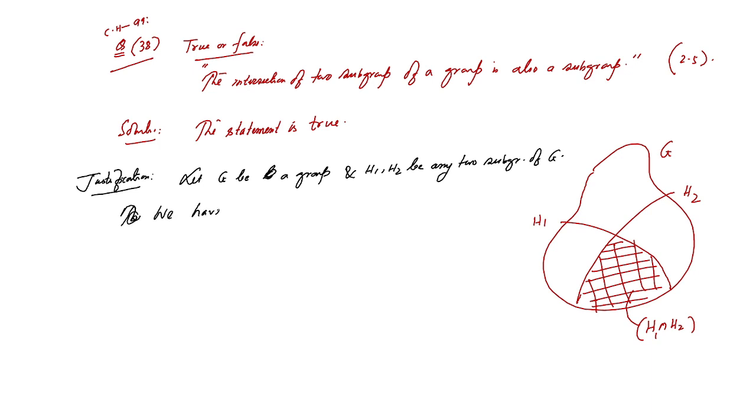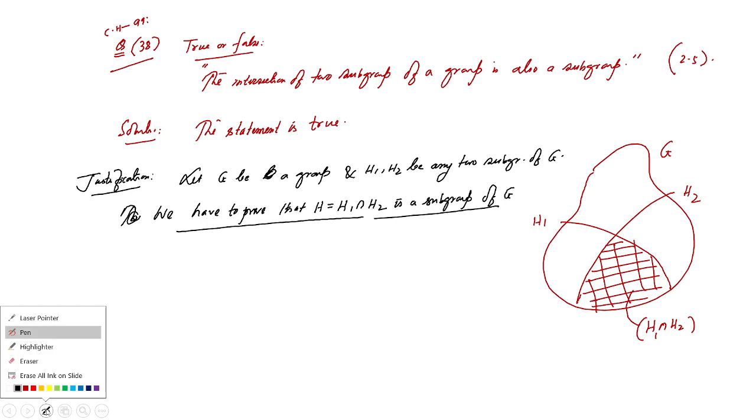We have to prove that their intersection, H1 intersection H2, which we consider as H, say, is a subgroup of G. First we will show that H is non-empty. So we have step 1.